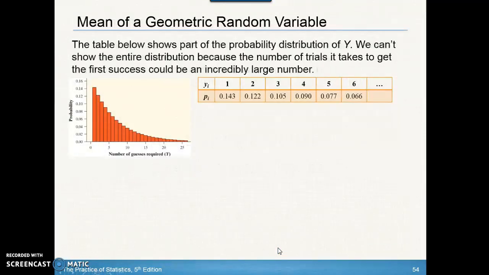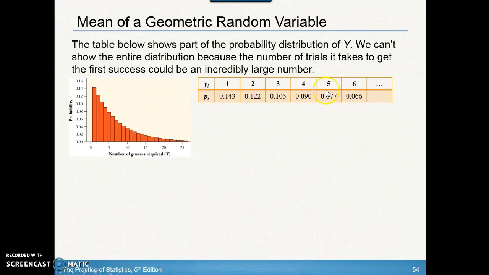Okay, so let's take a look at the geometric random variable and what it looks like whenever we graph it. This table right here shows the probability distribution of y. We can't show the entire distribution because the number of trials it takes to get the first success could keep getting larger and larger. So when this says y equals 1, that means the probability of success on the first trial is this. Probability of your first success on the second trial would mean 1 failure, 1 success.